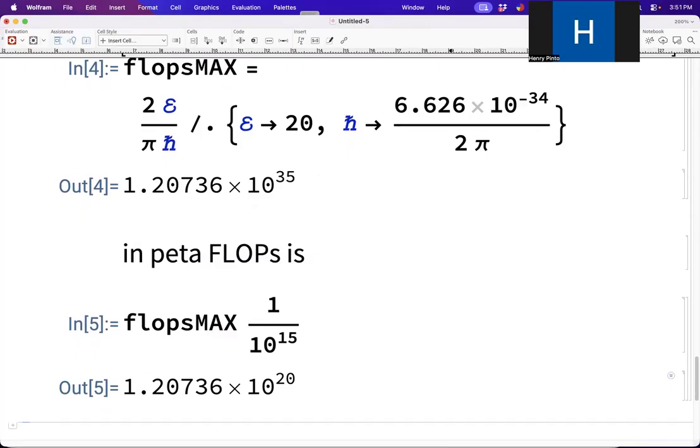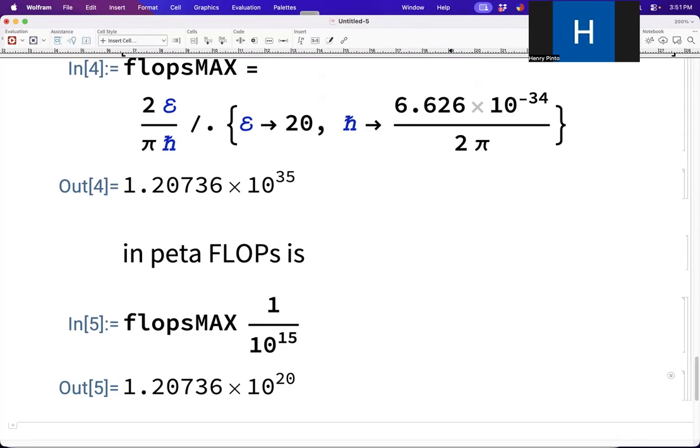Because remember, 1 petaflop is the order of magnitude of the computing power of our brain. So it means that this Salvatore has the power of 10 to the 20 human brains. We cannot imagine this, right? I think this is enough for this.